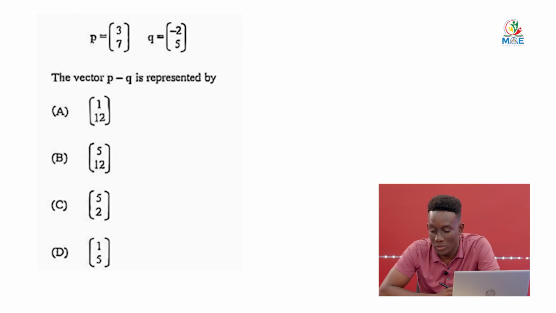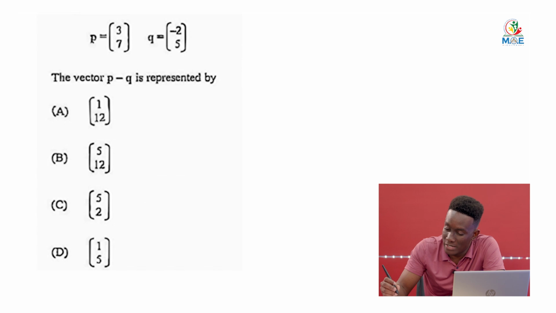This one says, we have the vector P, which is 3, 7, and the vector Q, which is negative 2, 5. It says the vector P minus Q is represented by... So P minus Q would simply be the vector P, which is 3, 7, subtract the vector Q, which is negative 2, 5.